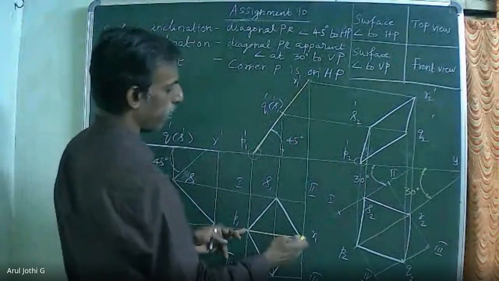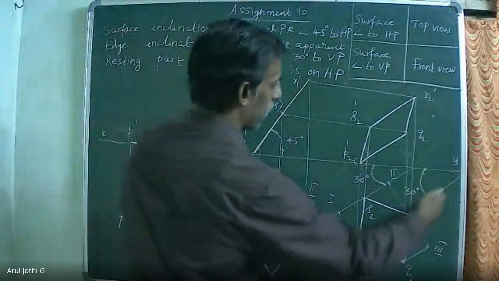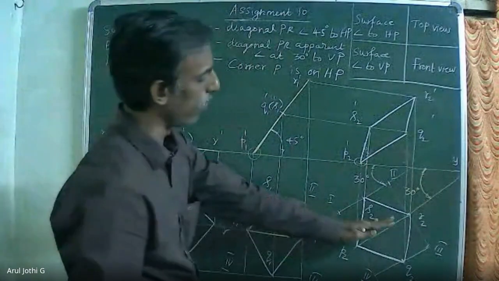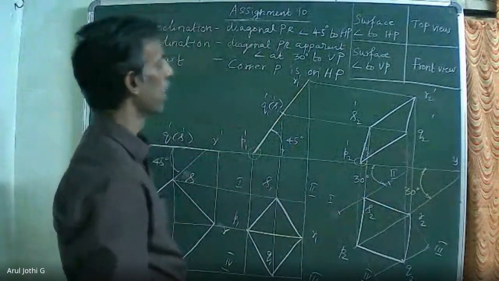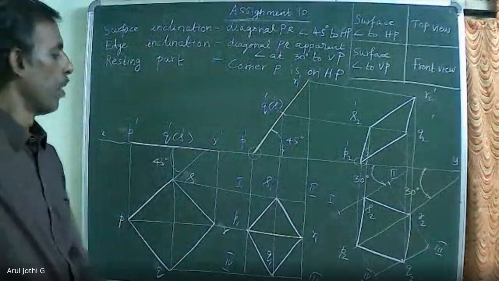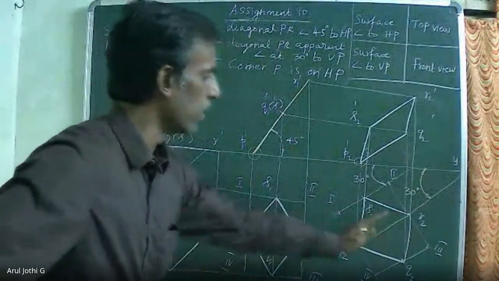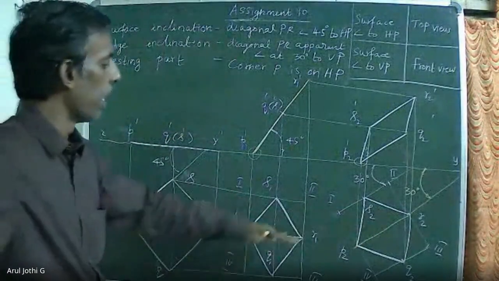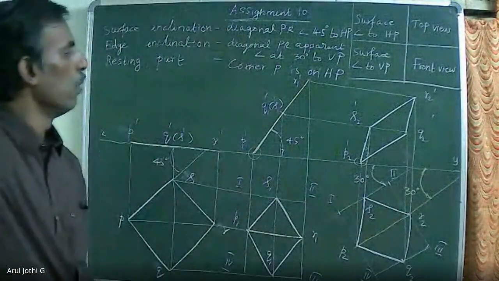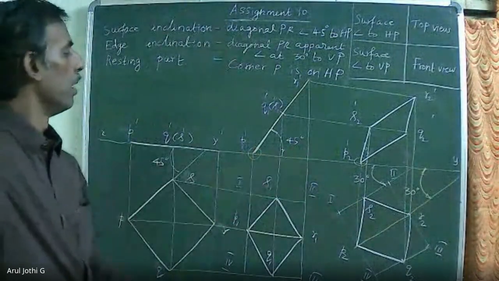That apparent length PR should be inclined 30 degree to VP in the final diagram. This is called the apparent view or top view inclination. In the final diagram, the top view appears to be inclined 30 degree to VP, or the diagonal PR appears to be inclined 30 degree to VP. That will be available in the final diagram.